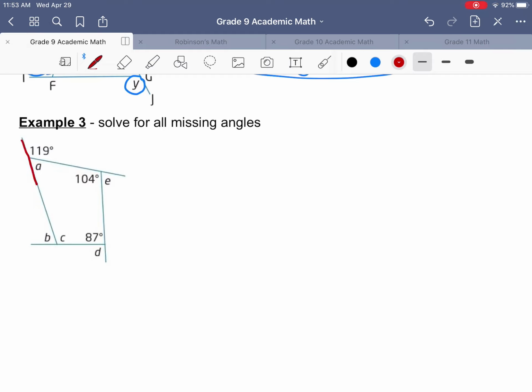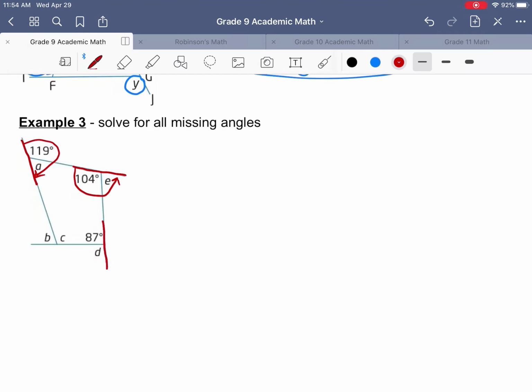So for example, if we look along here where I just drew the red line, 119 plus A should equal 180 degrees. That's what the supplementary angle theorem tells us. Here's another straight line. So 104 plus E should give us 180 degrees.